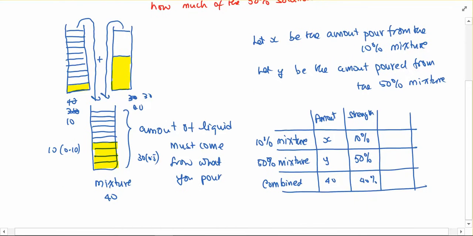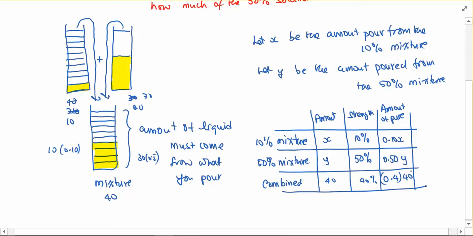And then the last column is the amount of pure mixture. And the way you get that, if you pour X amount of this 10% strength, then the amount you have here of just the pure liquid is going to be 0.10x, and this is going to be 0.5y, and then this is going to be 0.4 times 40.